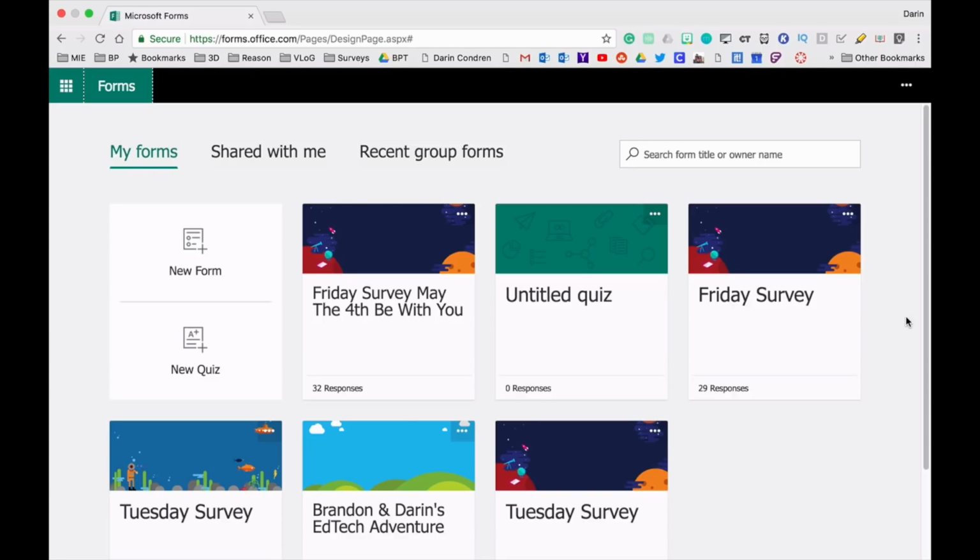Microsoft Forms, guys, it's a great way for you to get the pulse of your class and to get some understanding about where they're at on a certain topic. So there it is, guys, Microsoft Forms. So for all of you Microsoft 365 users out there, I highly encourage you to dive into Microsoft Forms and use it to gather some valuable student data. I'm telling you that this will give you more information and better information than you have ever been able to do in the past.